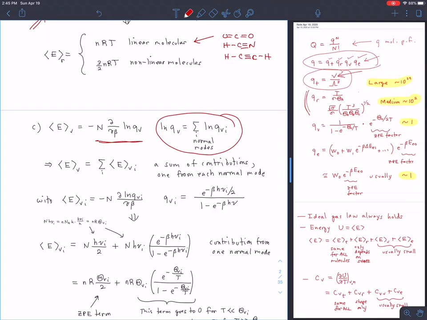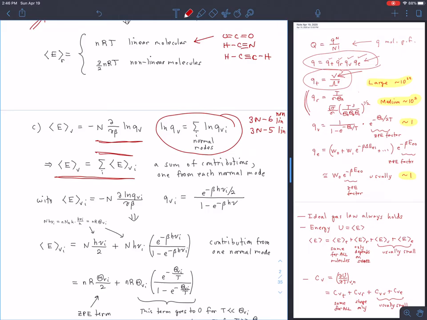A polyatomic molecule with n atoms will have either 3n-6 or 3n-5 vibrations. 3n-5 for linear molecules, 3n-6 for nonlinear molecules. And so if I have anything more than 2 atoms, there's more than one normal mode. It turns out, though, that the whole vibrational contribution from all the modes combined is just an additive sum again of the contributions from each normal mode.